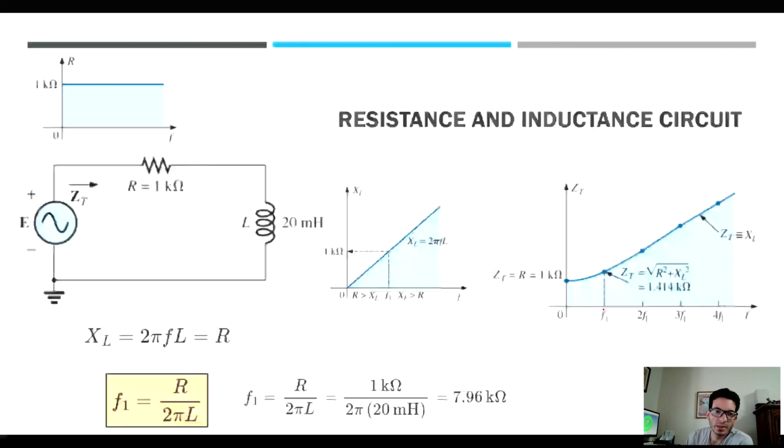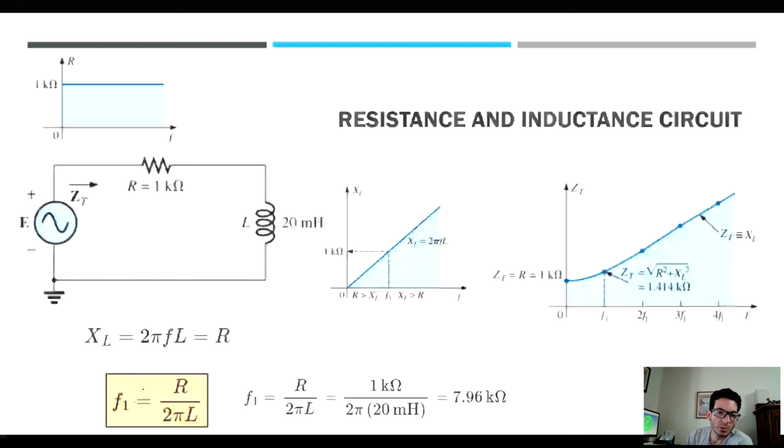All right, let's look at a different example. This is similar, except instead of a capacitor, we're going to have an inductor. So we know that the reactance of the inductor is going to be 2 pi times frequency times the inductance. If you want to find the resonant frequency, we just have to make it equal to the resistor value.